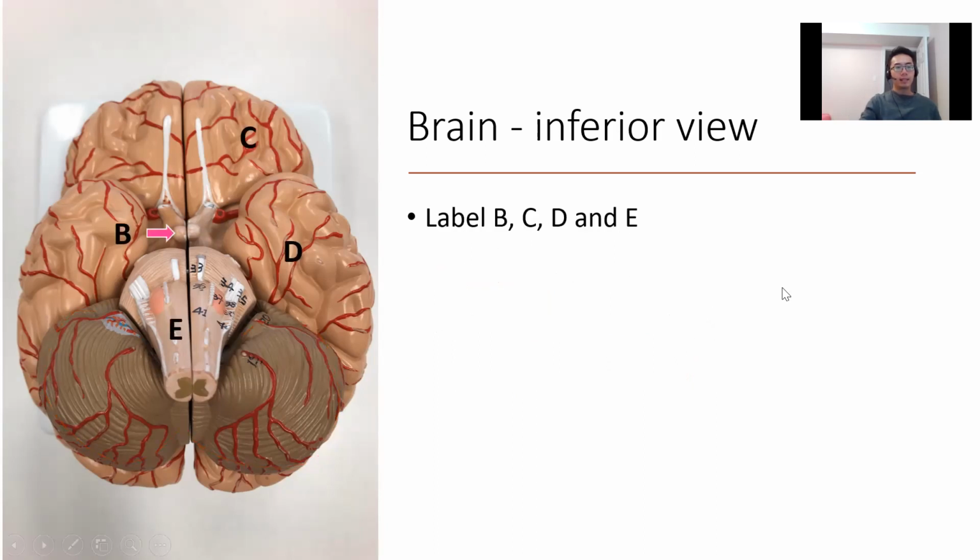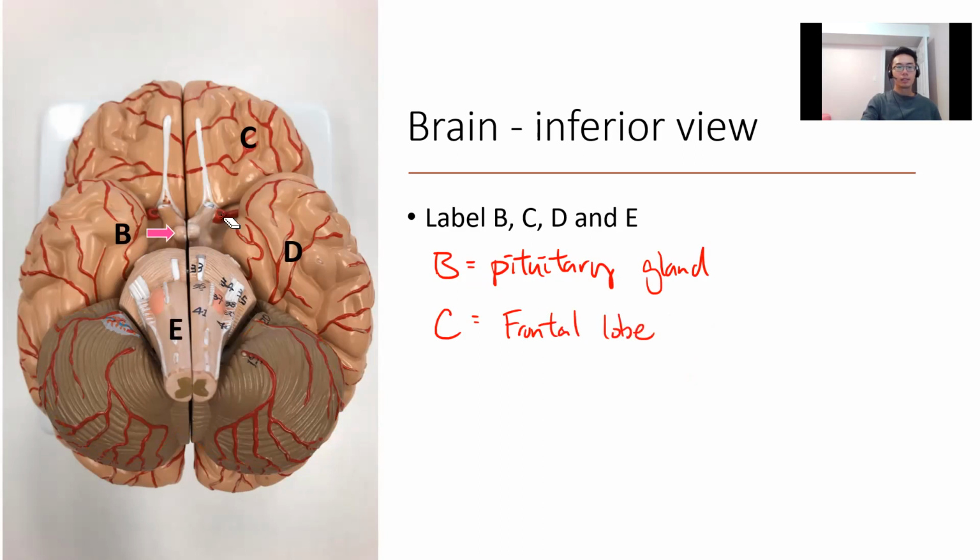Label B, C, D, and E. Okay, so B here is again the pituitary gland. There is the anterior and posterior pituitary gland. C is the frontal lobe. We're just looking at it from the bottom. These white things here are your cranial nerves, which we didn't learn, but we know that there are 12 pairs.